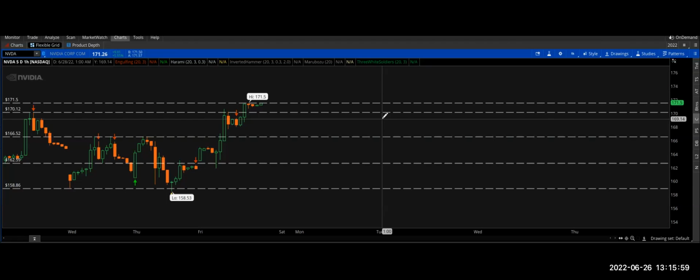Peter, can you hear me? Yes, sir. So the purpose of mapping out these levels is so when you're taking your trade the next day, you have an idea of how the stock can move. Is that fair? Yes. When I map out my support and resistance using the price level tool, it gives me my entry point and my exit point.